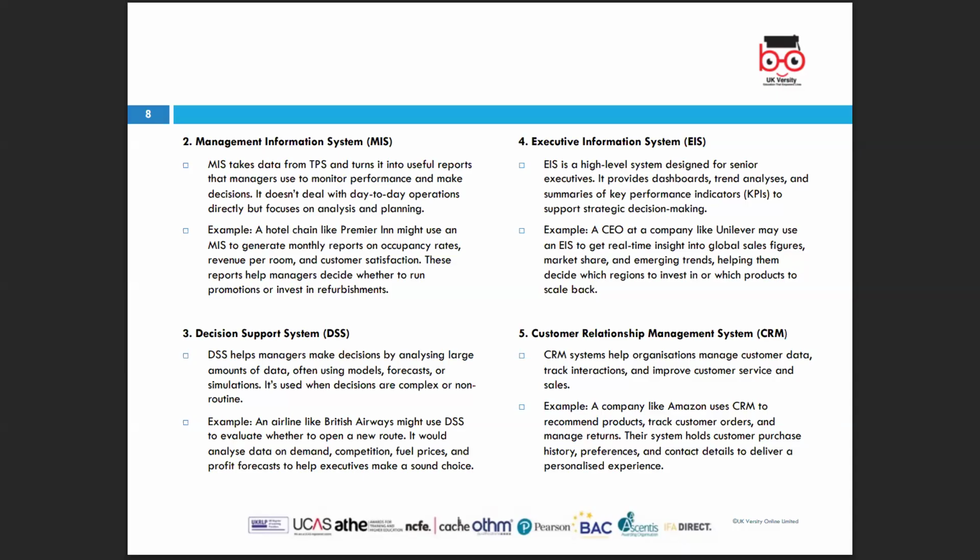With decision support systems, an example is an airline like British Airways, which might use decision support systems to evaluate whether to open a new route. By analyzing the data on demand, competition, fuel prices, and profit forecasts, it helps executives make a sound choice.